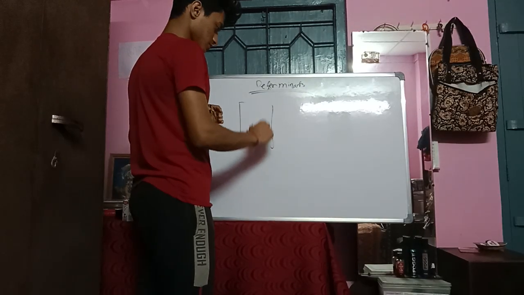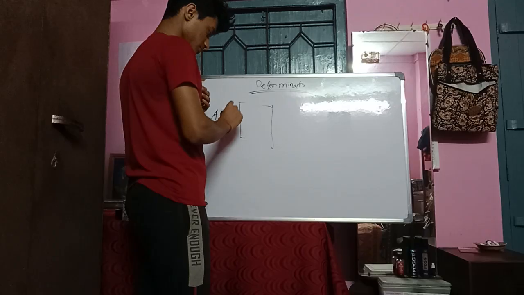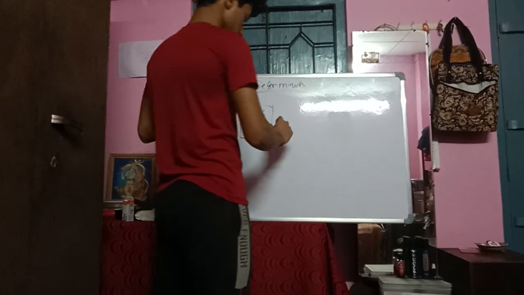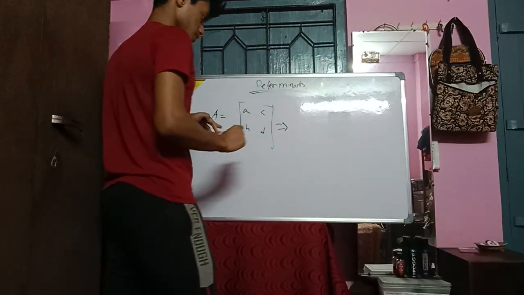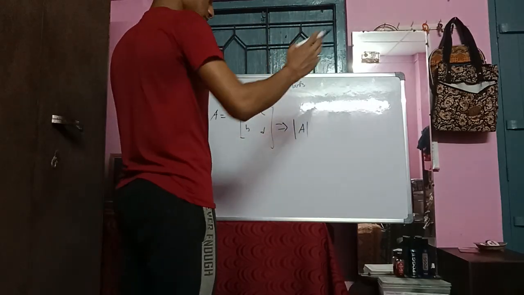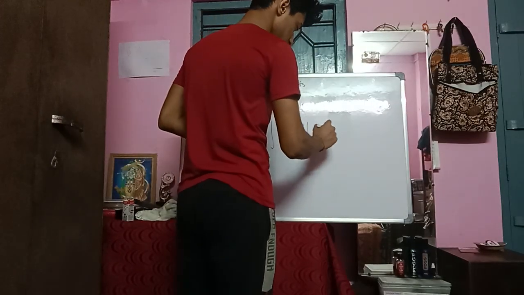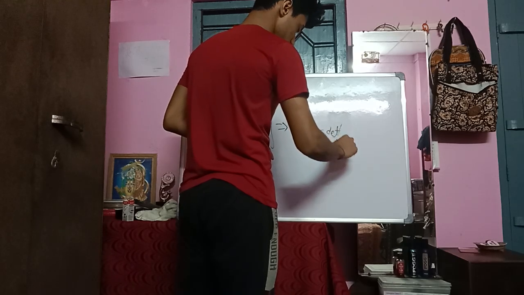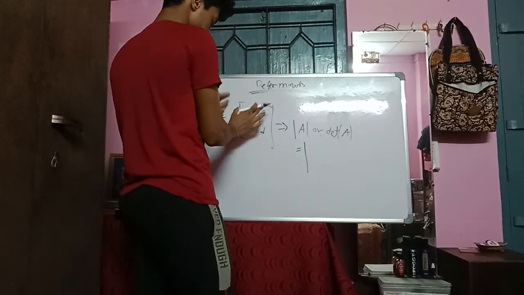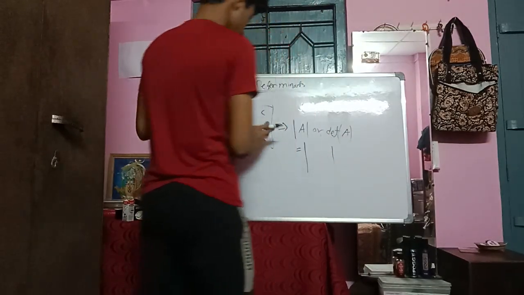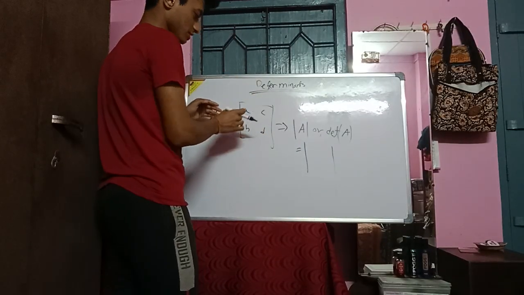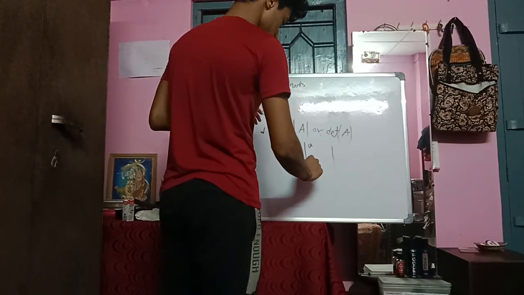Let's say you have a two-dimensional matrix with elements A, B, C, and D. The determinant of this matrix is written as A between two parallel lines, or also written as det of A. It would be written as the elements of this matrix enclosed in two parallel lines instead of a partially enclosed box.